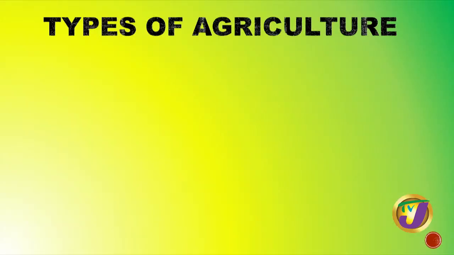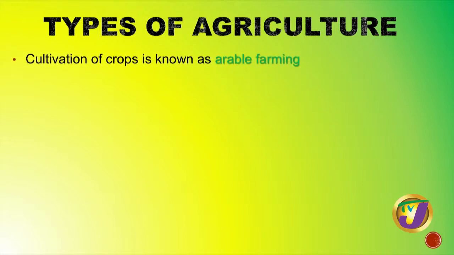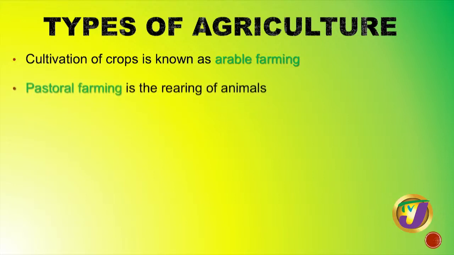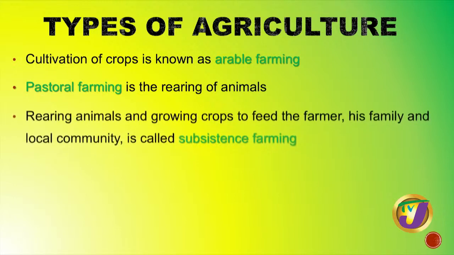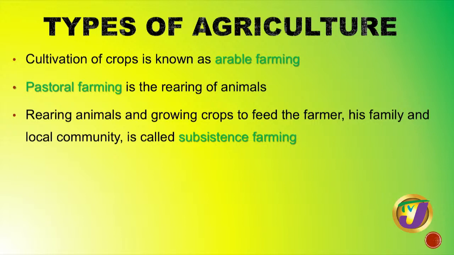There are different types of agriculture, to include arable farming, which speaks to the cultivation of crops only. There is pastoral farming, which looks at the rearing of animals. We also have subsistence farming or peasant farming, which is practiced by a farmer, and he engages his family in the whole regime.